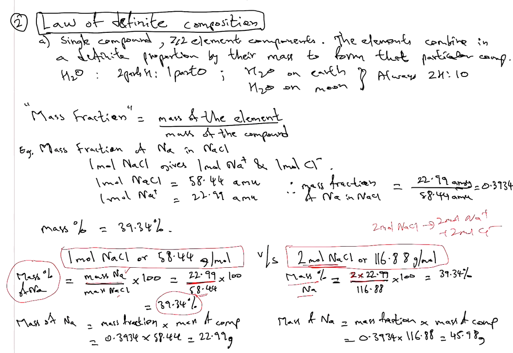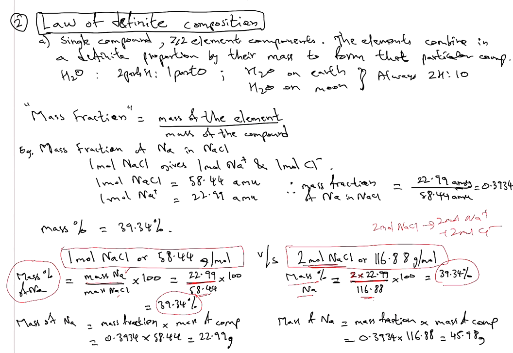So 2 multiplied by the weight of 1 mole of sodium is 22.99, divided by the total weight of the compound, which is 116.88. And the way we got that is 1 mole of the sodium chloride compound weighs 58.44 grams, so 2 will weigh twice that. And we take a percentage of that, we get the same thing.